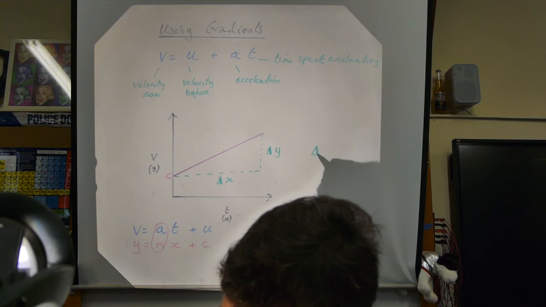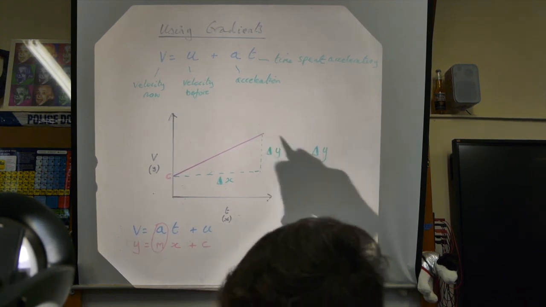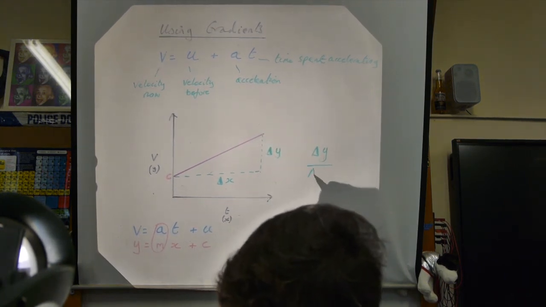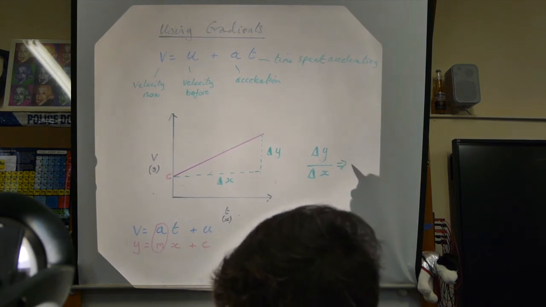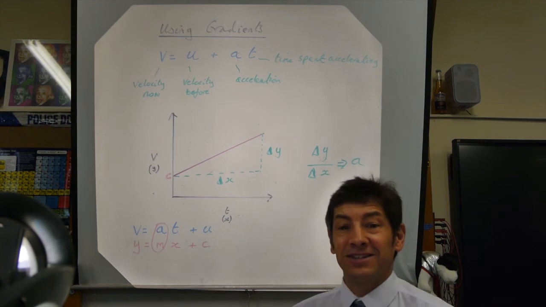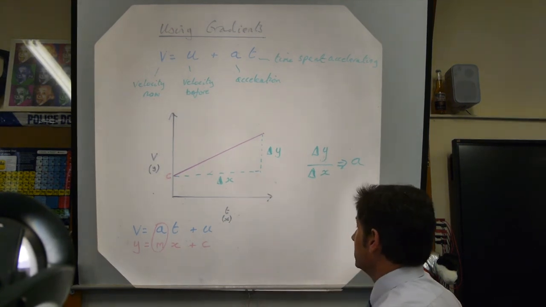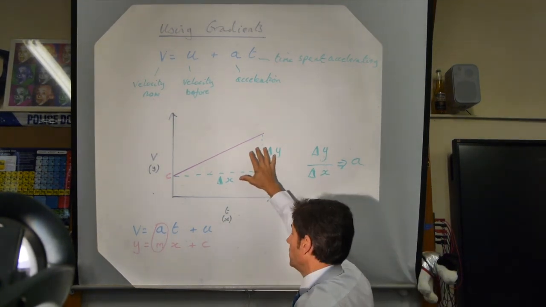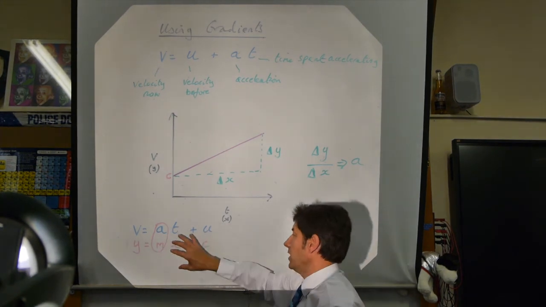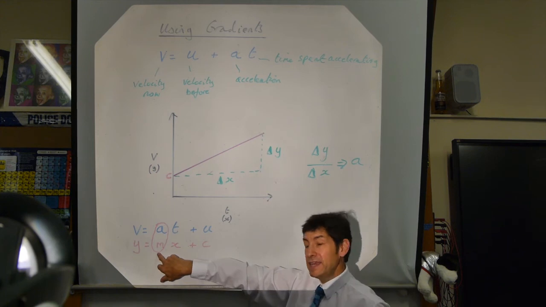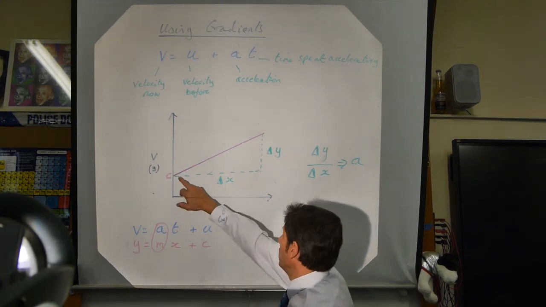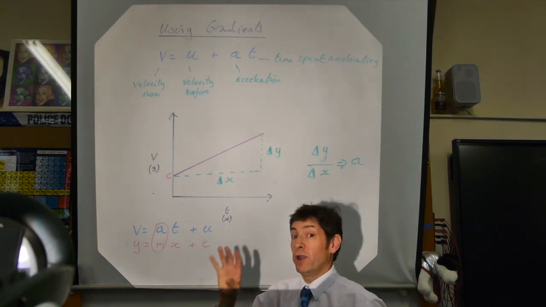So the change in y, how much we go up by, divided by the change in x, will give us our acceleration. Okay, so it's a clever way of using graphs, looking at a formula and realizing, oh, in this case, to work out the acceleration, we need the gradient. So there we go, draw the biggest triangle and work out the gradient.